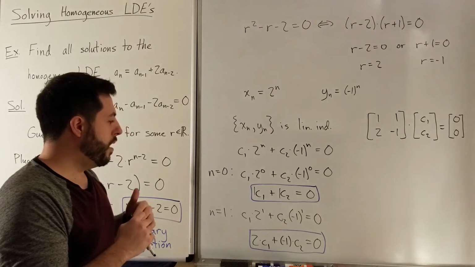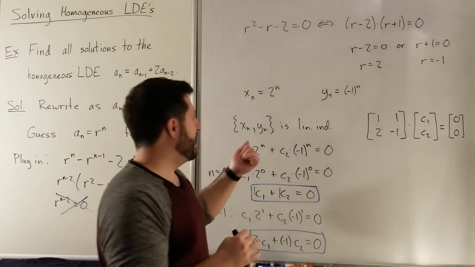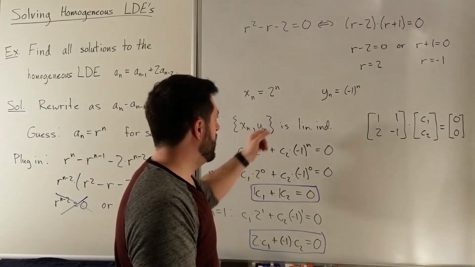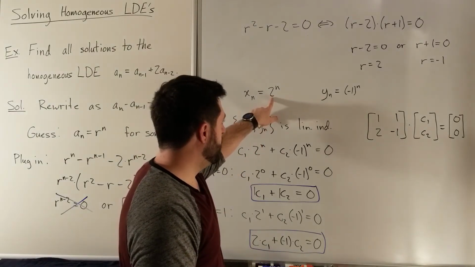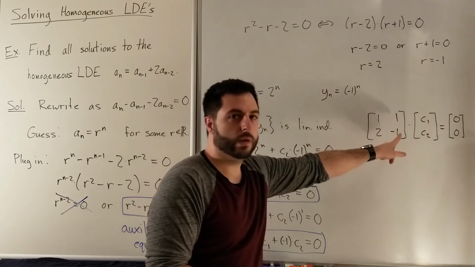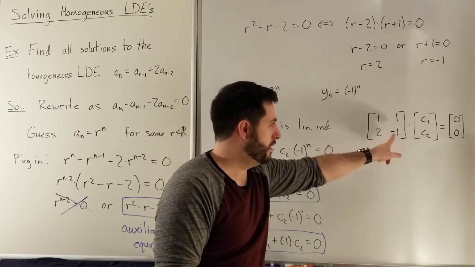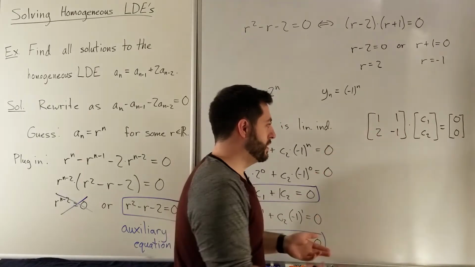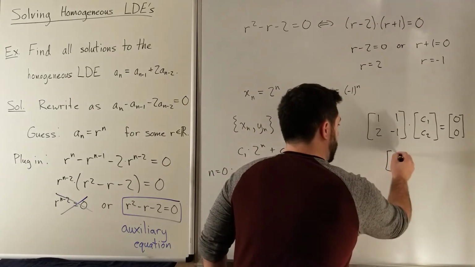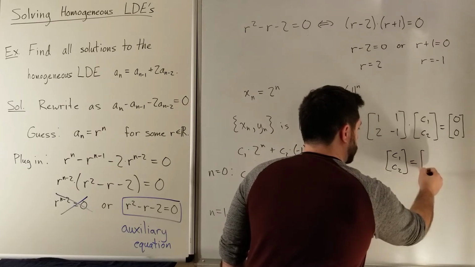And this is just generally going to be true. I want to say that if these two values are different, then this matrix will always be invertible. And if this matrix is invertible, then I can multiply by its inverse on both sides. And we get that C1, C2 must be 0.